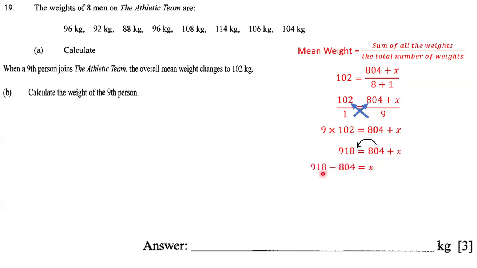Notice that this was a positive 804, but when we send it over the equal sign, it becomes a negative 804. So we have 918 minus 804 is equal to x. And 918 minus 804 is equal to 114. And so that means that the weight of the 9th person that joined the athletic team is 114 kilograms.